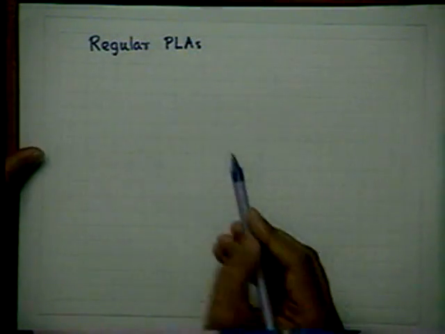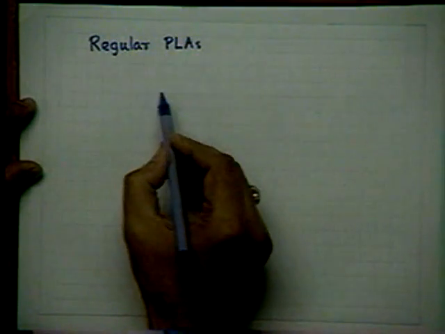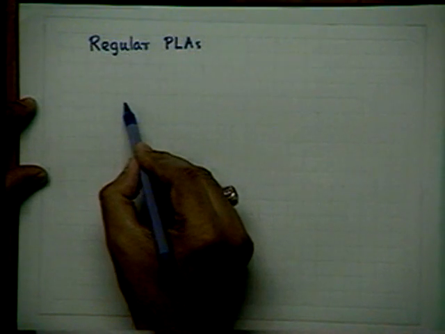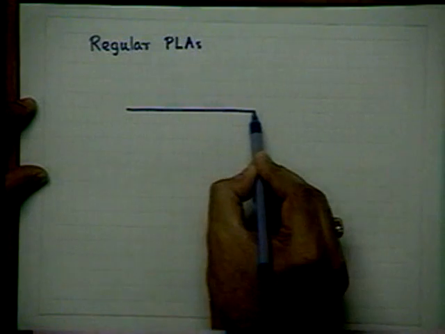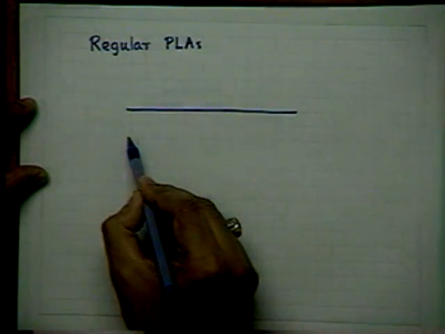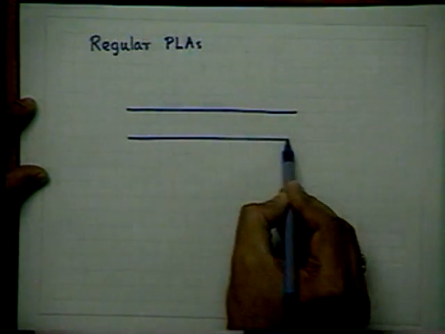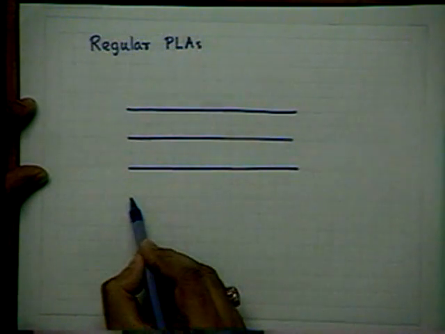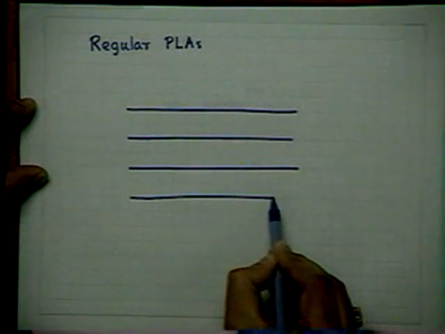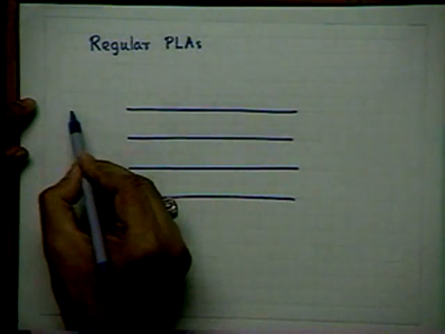What I do, I simply have 4 rows like this. And connect at this stage.